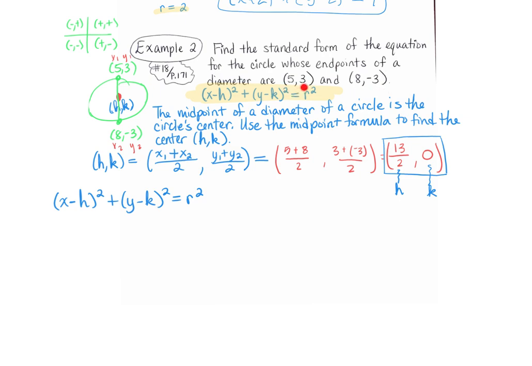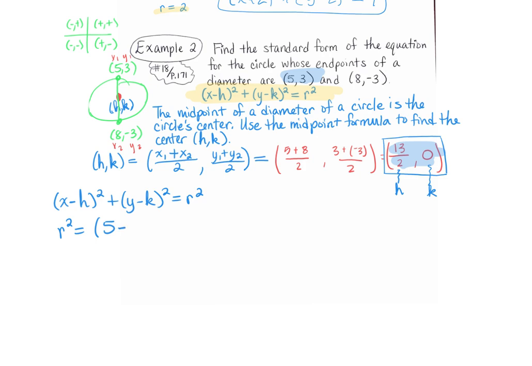What point do you want to choose? 5 and 3? Okay, so we'll choose 5, 3. I'm going to highlight that in blue. Then we're going to use this. So we know that r squared is equal to, what's our x? 5. Good.